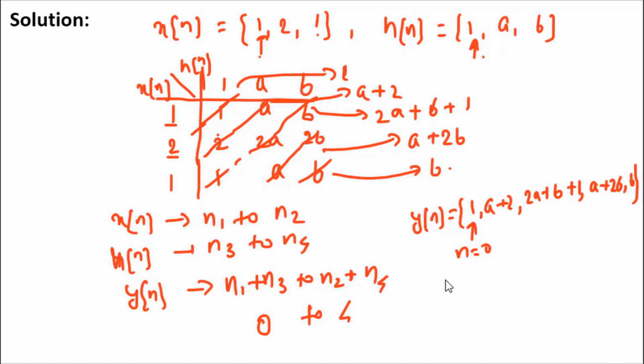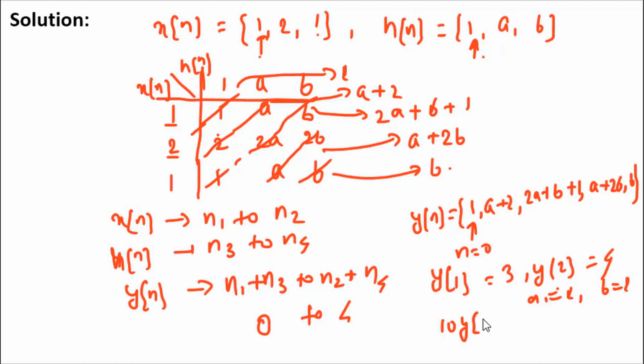So you can solve by putting the condition y of 1 as 3 and y of 2 as 4, and you will get a equal to 1 and b equal to 1, and you will get 10 times y of 3 plus y of 4 equal to 31. So this is another way to solve this problem.